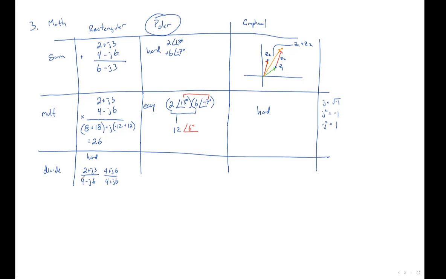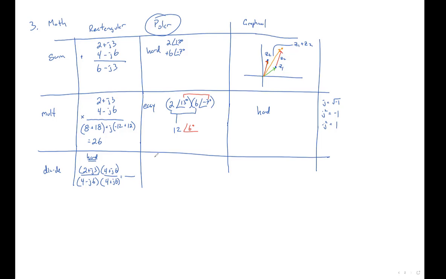When you do the bottom multiplication, you'll get something that's purely real. And when you do the top multiplication, just like you did up here, you'll get something that's both real and imaginary. And then you can break it apart. But it's still hard.